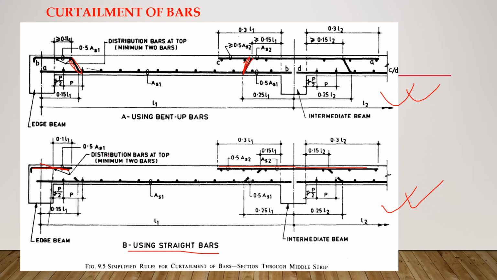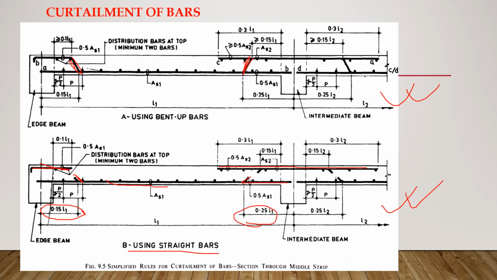So let's revise by looking at this diagram. Our tension reinforcement at the bottom, 50% of the reinforcement should extend into the supports and 50% should be taken at least to the point of 0.15 times the length in the discontinuous edge and 0.25 times the length in the continuous edge.